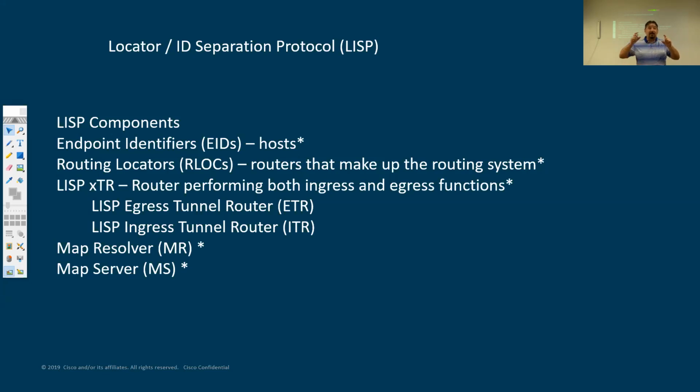It has to do a lookup to what we call a map resolver in LISP, saying, how do I reach this IP address? That map resolver will send back a router locator: that IP address is at this destination router. And we'll put an extra IP header on that information to send it to the correct egress tunnel router.